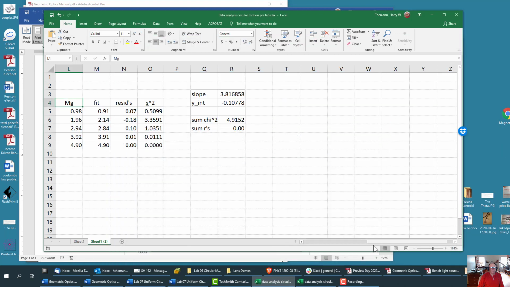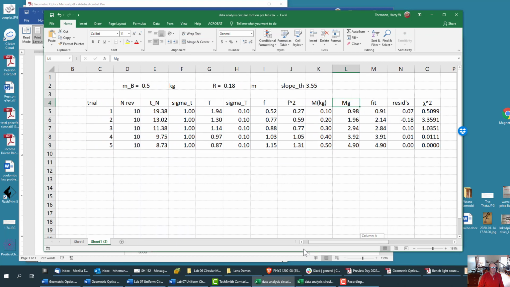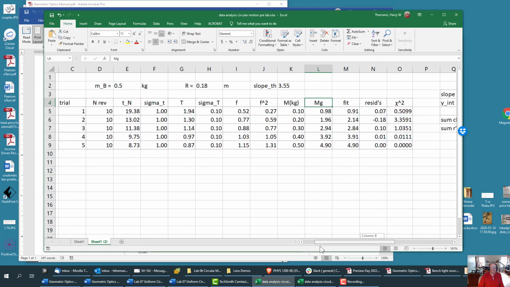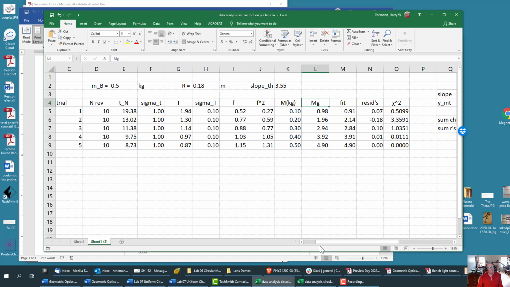All right, so I don't know if this is real data anymore or not. I may have simulated it, but we're going to take the time period for, say, 10 revolutions, and in this case, we quoted a rather large plus minus time here, I guess simply because I wanted error bars that would show up.